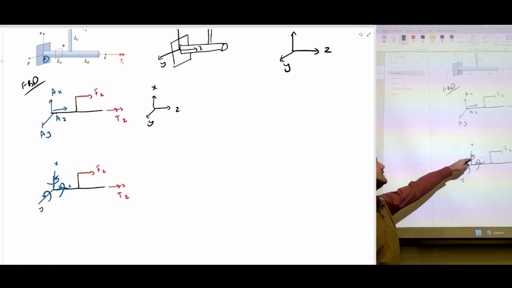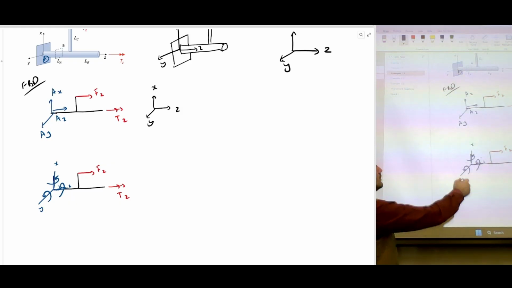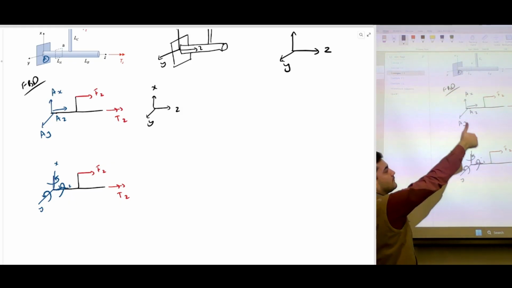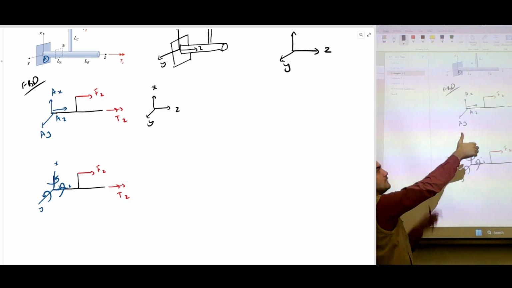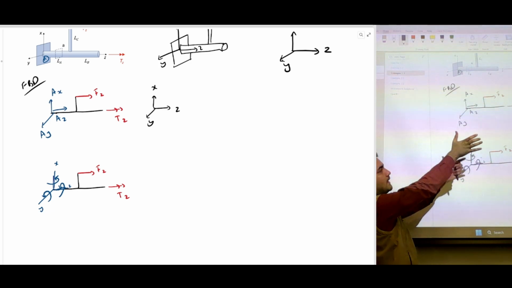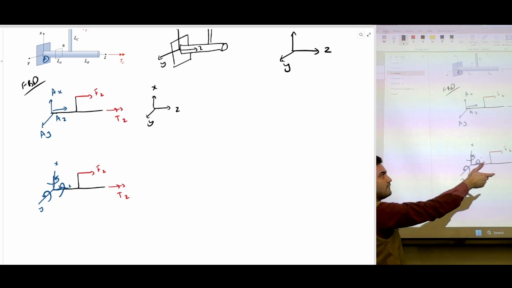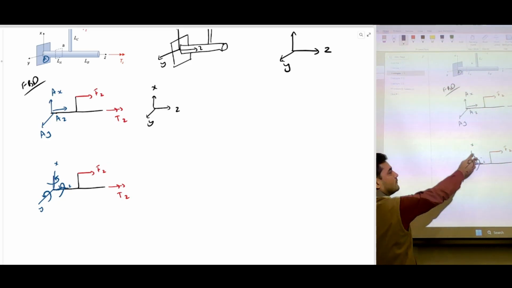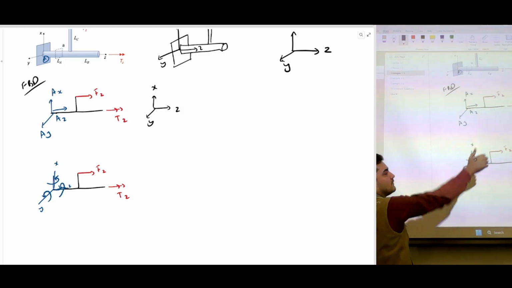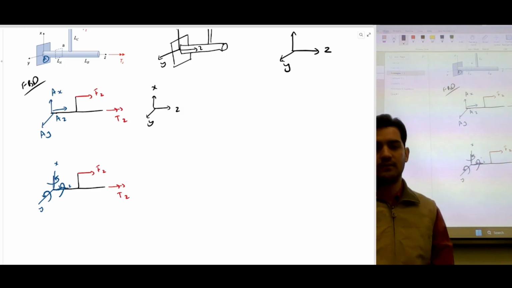And we know the direction of the moments from the right-hand rule. So the curl of the fingers is this way for the x-axis, and the thumb is pointing in the direction. So this is a positive moment because the y-axis is positive along the upward direction, and the direction of the moment is also the same.